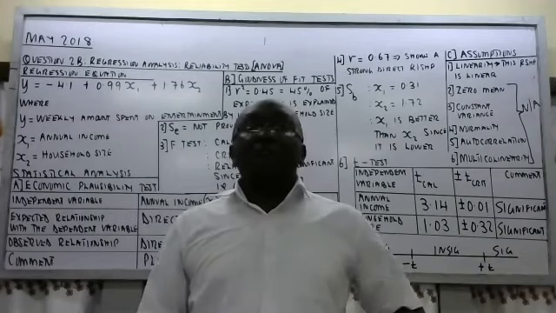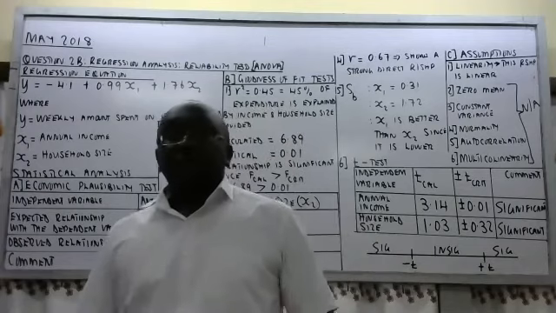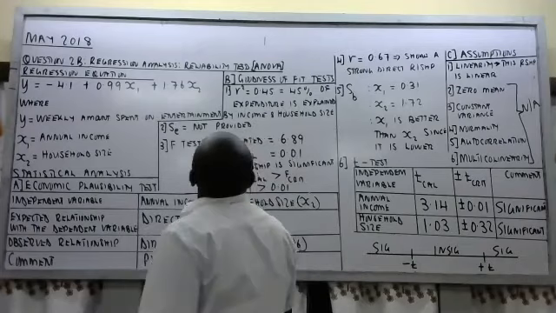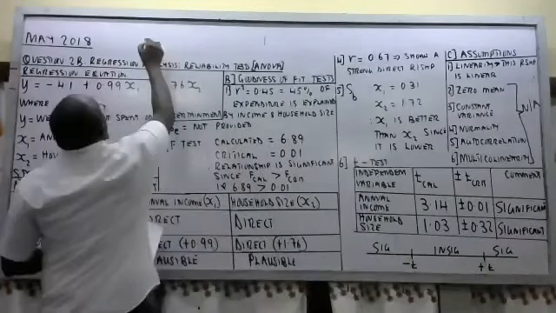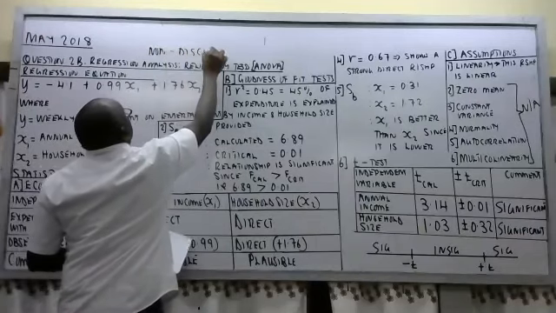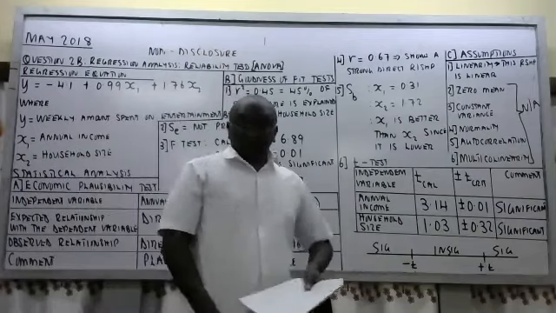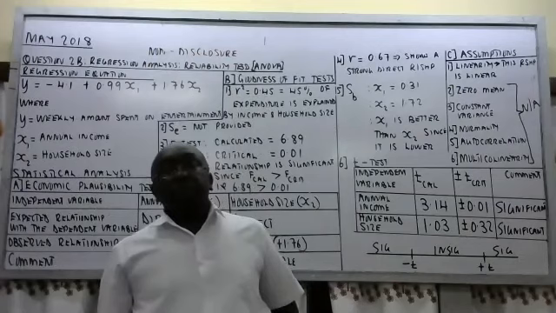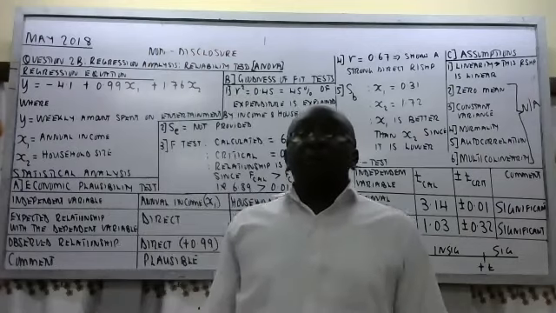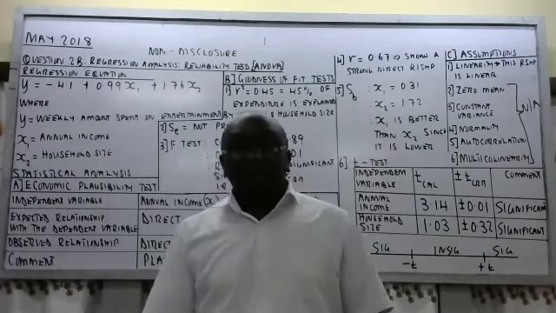Non-disclosure of all the relevant information. What we mean by that is we need to be told this amount that was spent, where exactly?